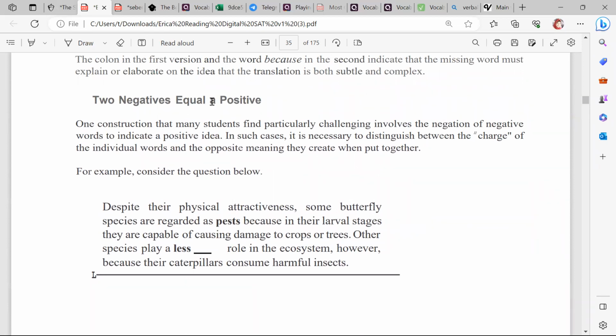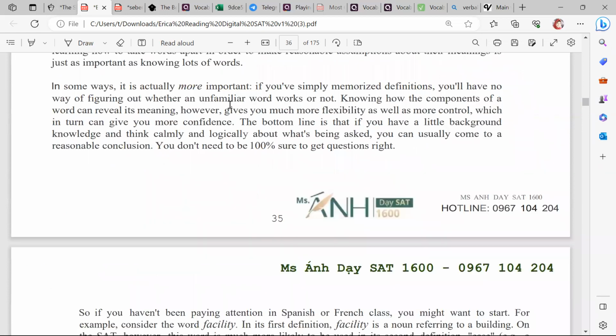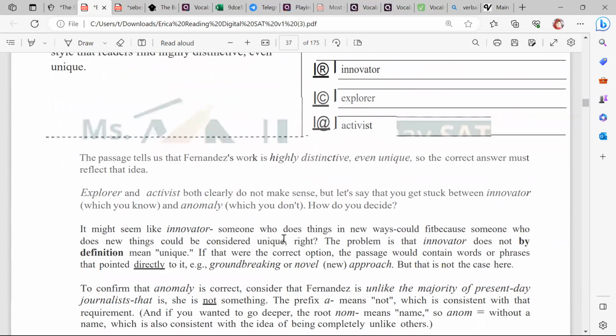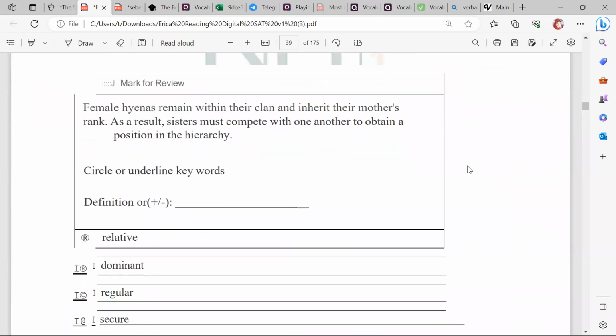Also, as I told you, the tone, the positive, the negative. Here Erica stresses the point that I told you about: two negatives equal a positive. When I say less dangerous, this gives you a positive meaning. You see the exercises and their explanations. This is very, very helpful.